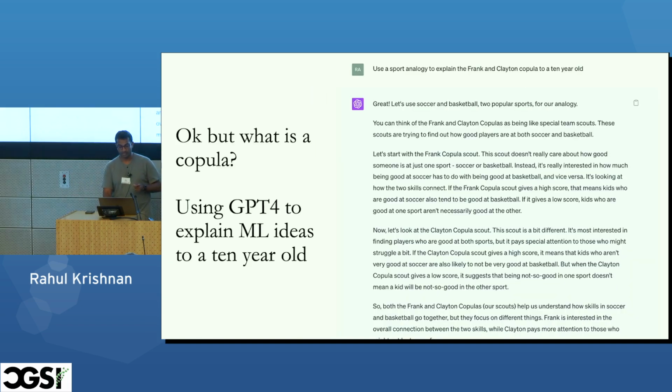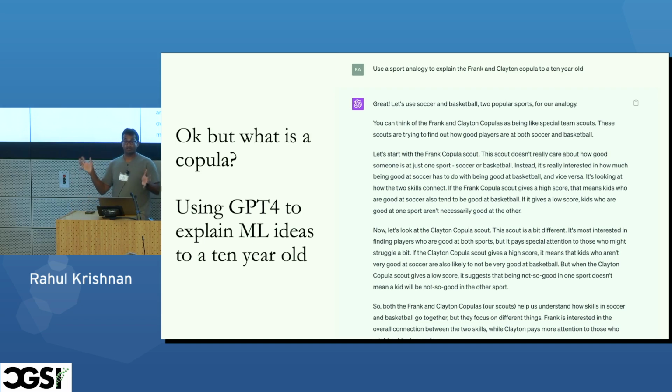Now remember, in our case, the two random variables are event and censorship time. And so just as a thought experiment, I asked GPT-4 to explain what a copula might look like to a 10-year-old. And I wanted to read out the answer, at least for one of the copulas, because I thought it was an interesting way to explain what a copula is. So it says, great, let's use the analogy of soccer and basketball, two popular sports, to help explain copulas.